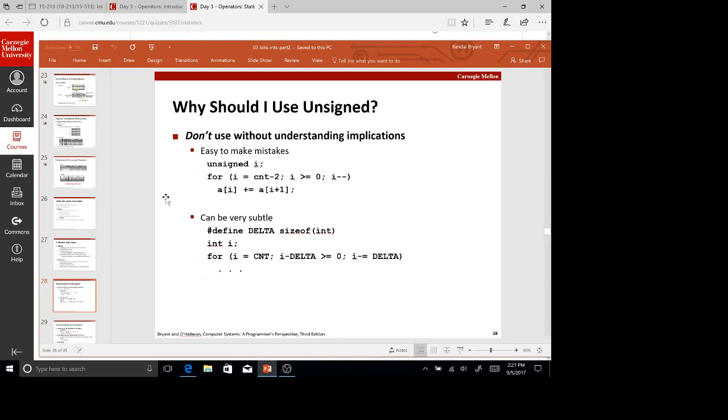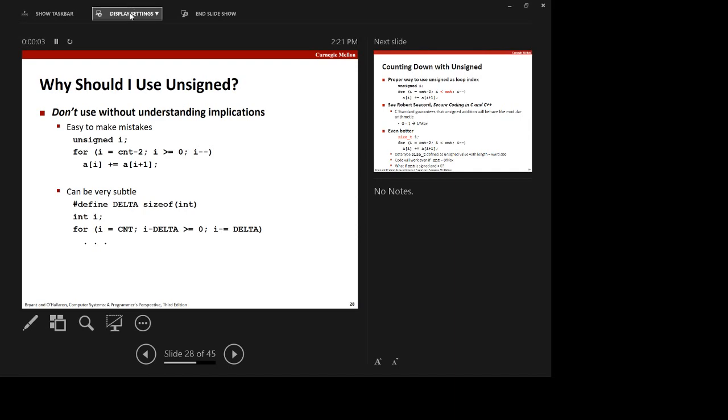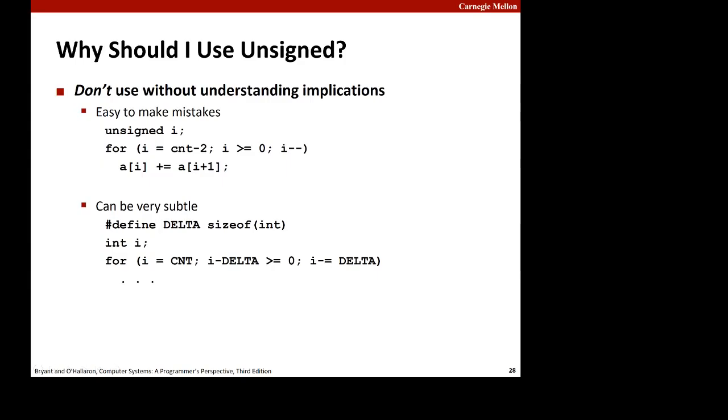I think a lot of people recalled from last time this example of a loop with an unsigned loop index i. The problem is that since i is unsigned, it will always be greater than or equal to 0, and so this loop test is useless.